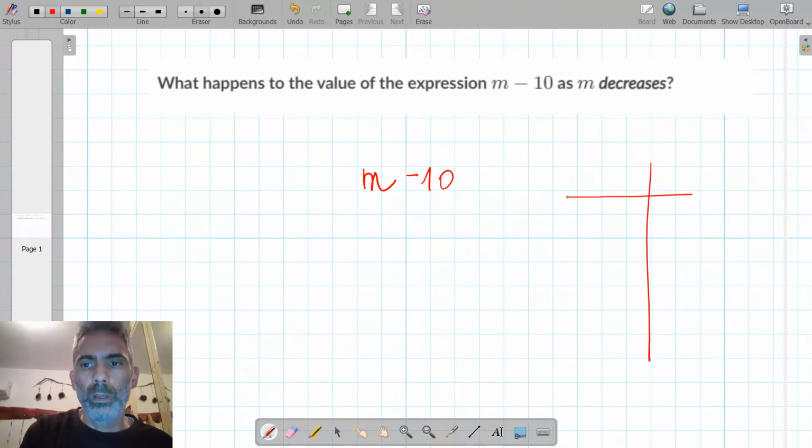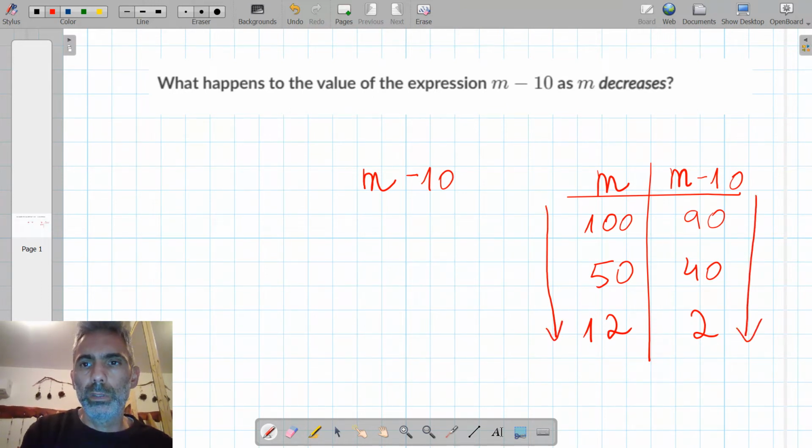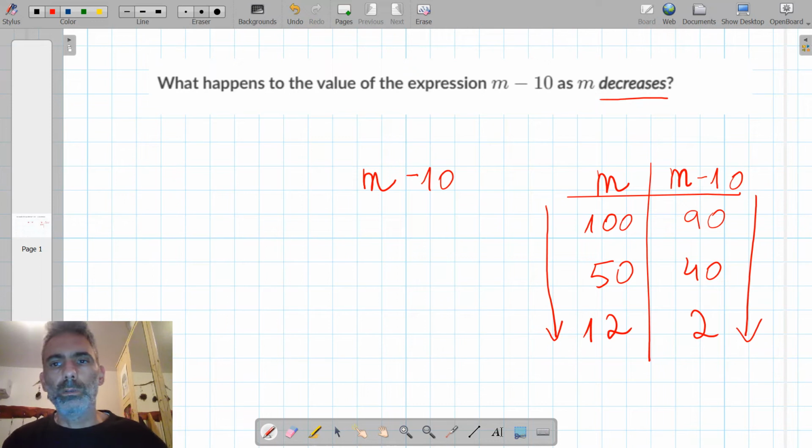Okay, so let's see it in the table. If m is 100, m minus 10 is 90. If m is 50, m minus 10 is 40. If m is 12, m minus 10 is 2. So as m decreases, m minus 10 also decreases.